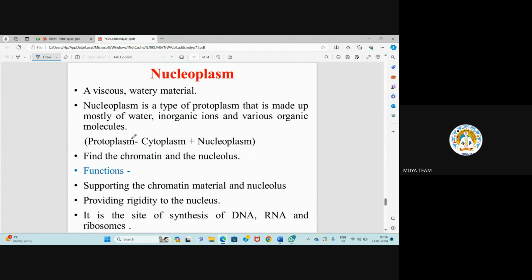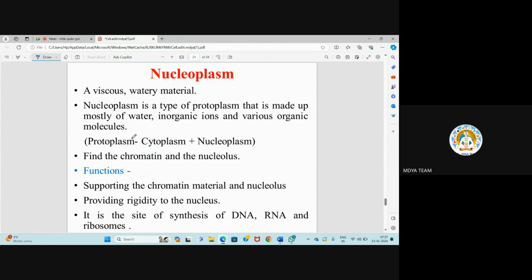Nucleoplasm is the same fluid inside the nucleus. So if we are saying protoplasm, then it includes cytoplasm and nucleoplasm, meaning fluid inside the cell and fluid inside the nucleus.